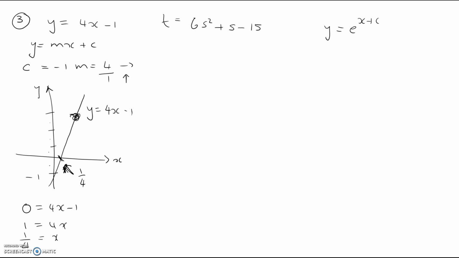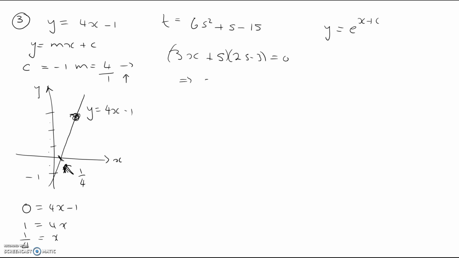The next one, if you factorise it, and you will have done that in question 1, it became (3s plus 5)(2s minus 3). And in fact, you were asked to solve it.